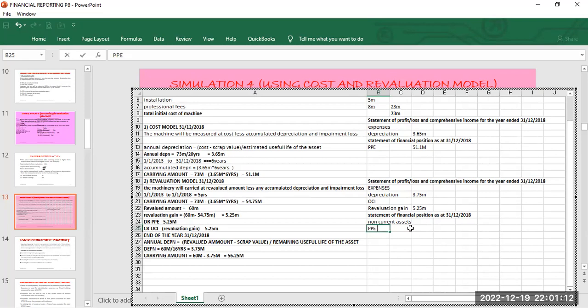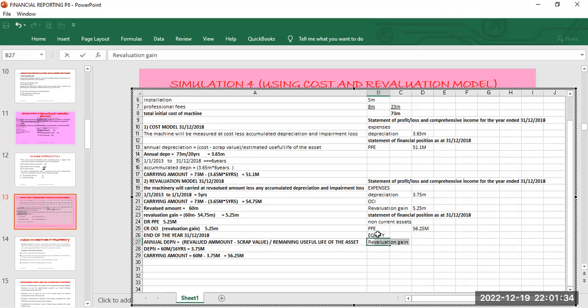Remember, these PPE, you combine everything and give them at once. This is going to be carried at 56.25 million.